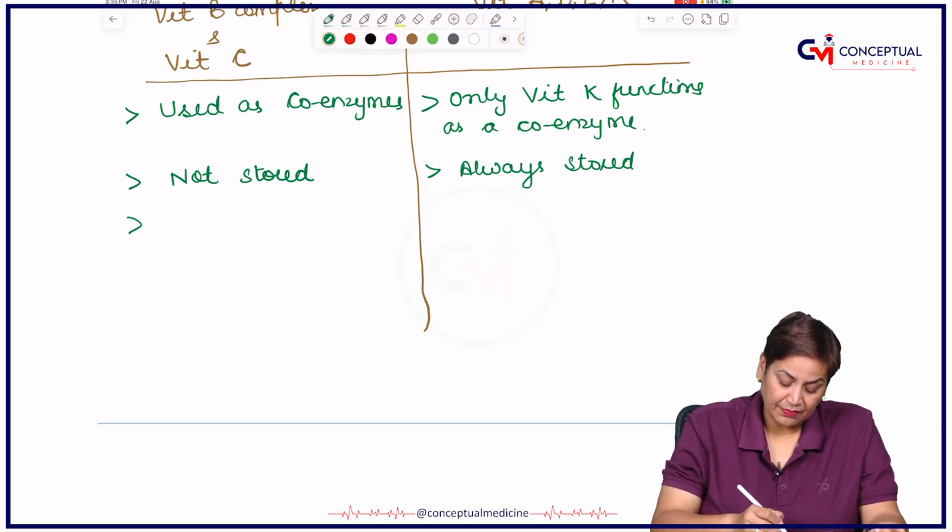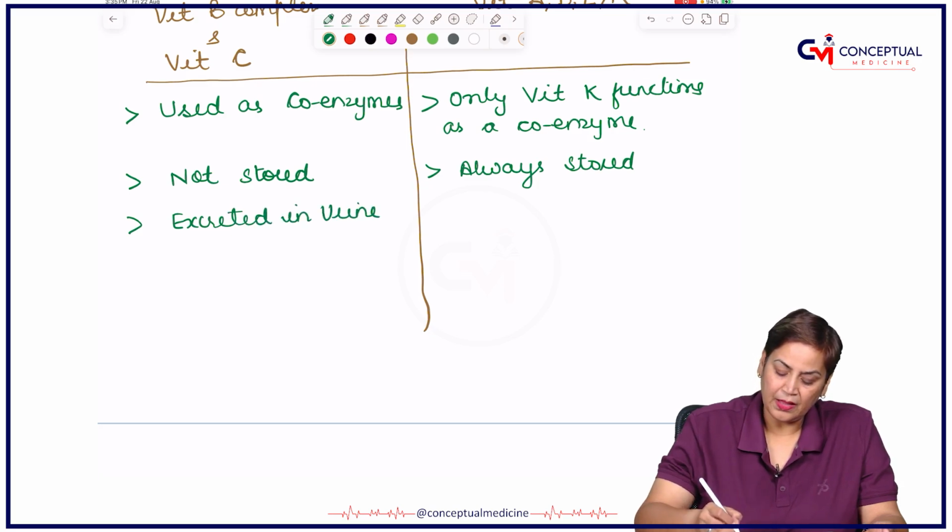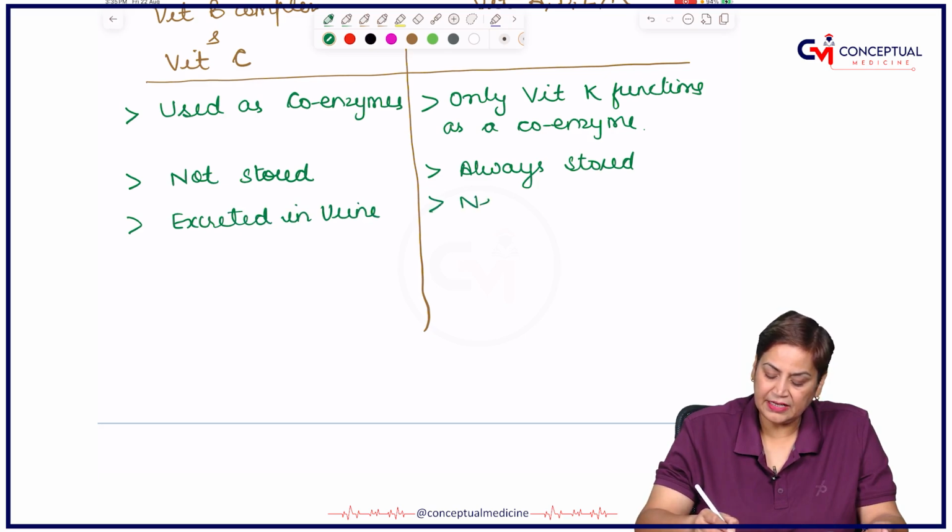Water soluble vitamins can be excreted in urine easily when their function is over. Fat soluble vitamins are never excreted in urine in a normal individual.